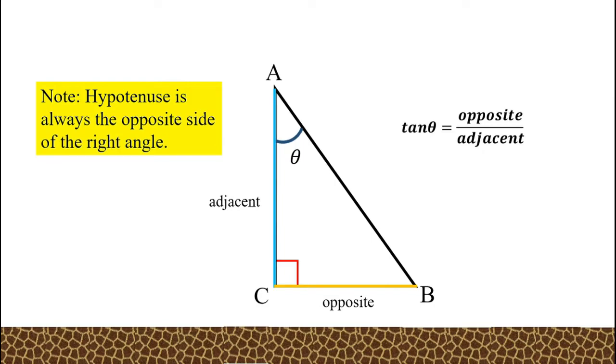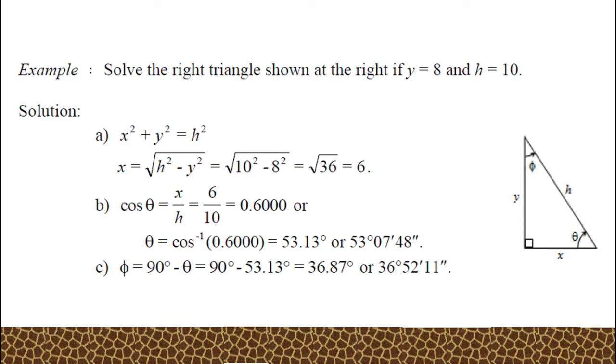Let's try this example. Solve the right triangle shown at the right here if y is equal to 8 and h is equal to 10. Since the hypotenuse h and the other leg y are given, we can use the Pythagorean theorem to solve for the other leg.